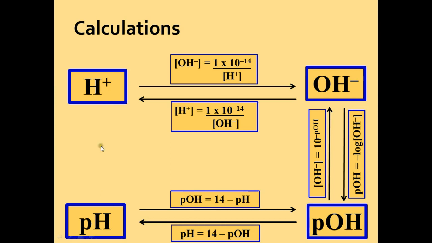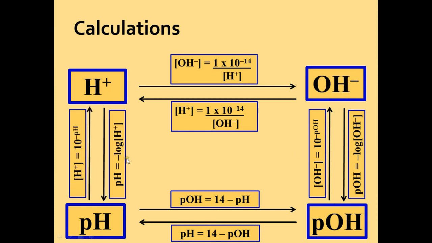And then H plus and pH just look like this, but with pH and H plus instead of pOH and OH concentration. So notice how they sort of reflect each other. They're just like exact opposites. We just switch these around. And so they follow a similar rule. But just know that the pH and pOH always add up to 14, so you can always just solve from that.